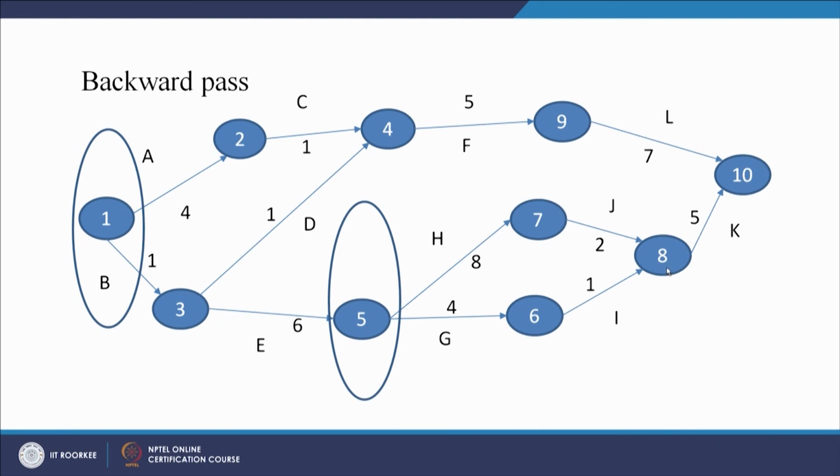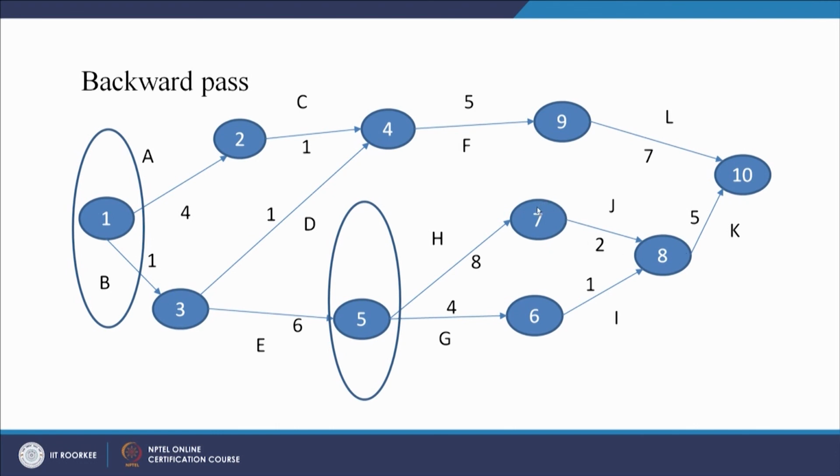So K must start after 17 days. Similarly, when J must start, 17 minus 2, 15. So J must start after 15 days. Similarly, 22 minus 5, 17. I must start after 16 days. 17 minus 1, 16. So here we have 16 and here we have 22 minus 5 minus 2, 15.